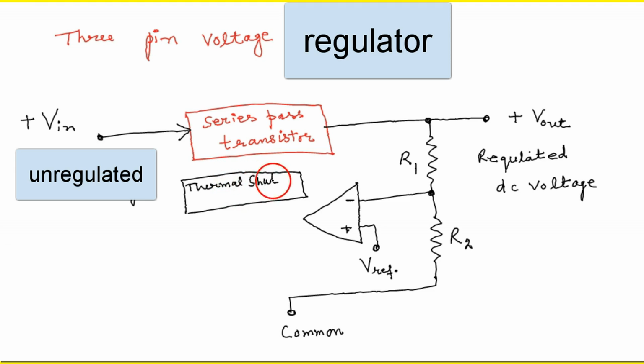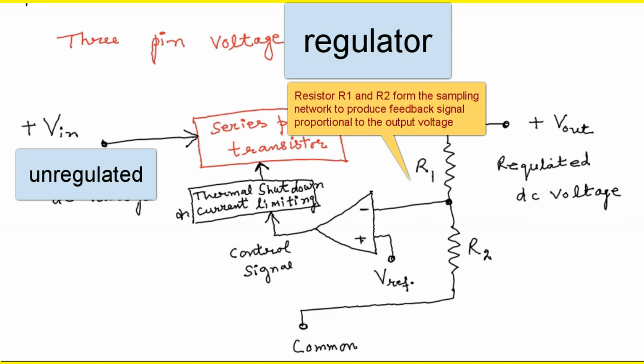So here is a thermal shutdown and current limiting circuit. The output of the op amp is given to this circuit. Then that signal is given to the series pass transistor. R1 and R2 produce a feedback signal proportional to the output.